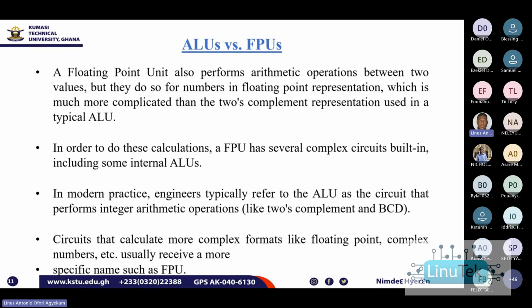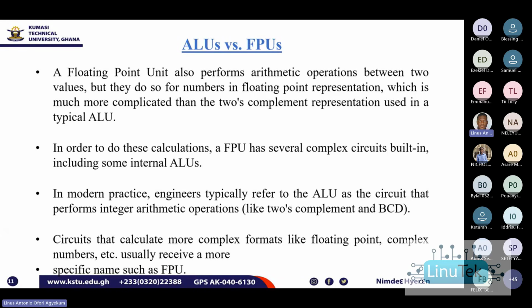So for instance, 2.14, 5.13, or 101.10. These are floating points or floats. So in order to perform operations on these, we use what we call floating point units.